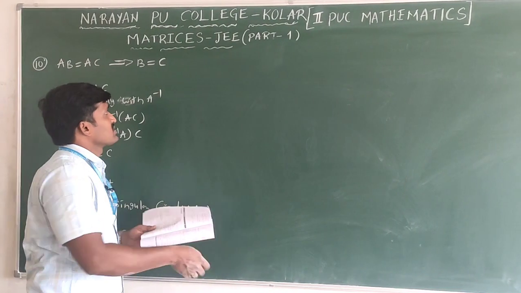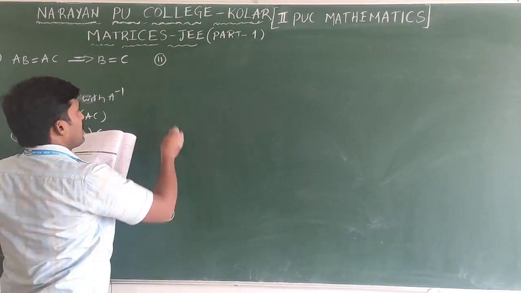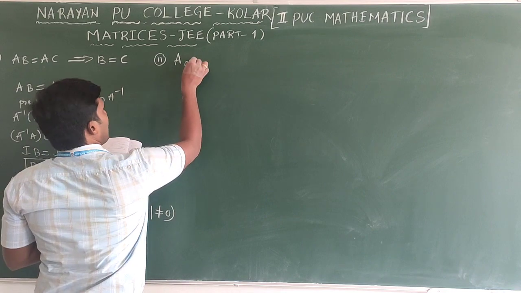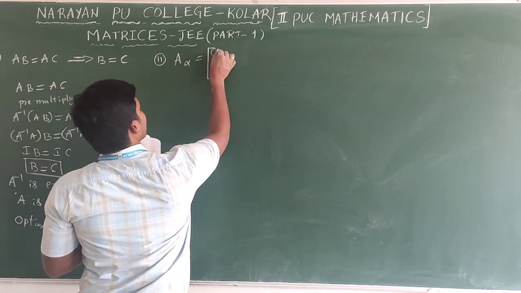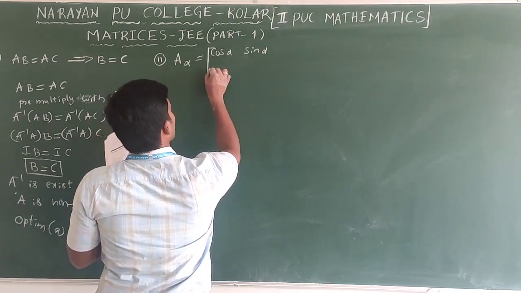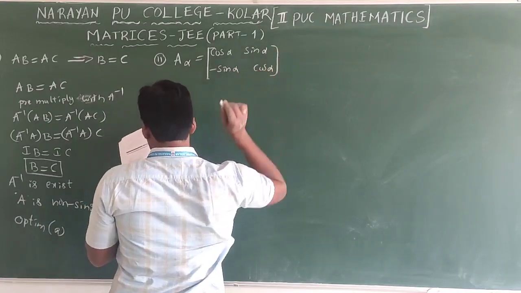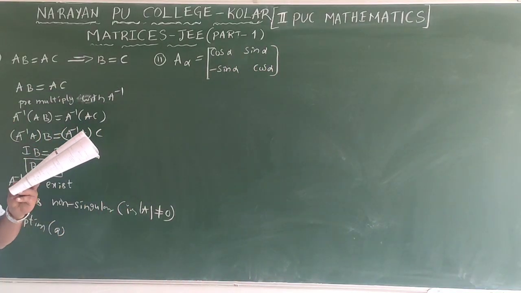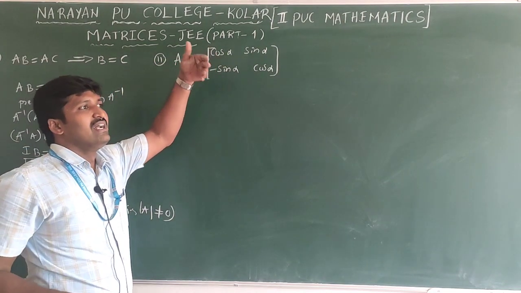Next, coming to question number 11. Question number 11 is given A alpha, the matrix cos alpha, sin alpha, minus sin alpha, cos alpha. They are asking A alpha into A beta. A beta means in the place of alpha, replace with beta.